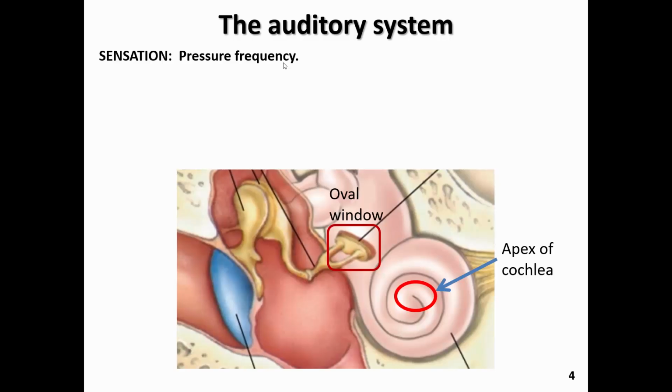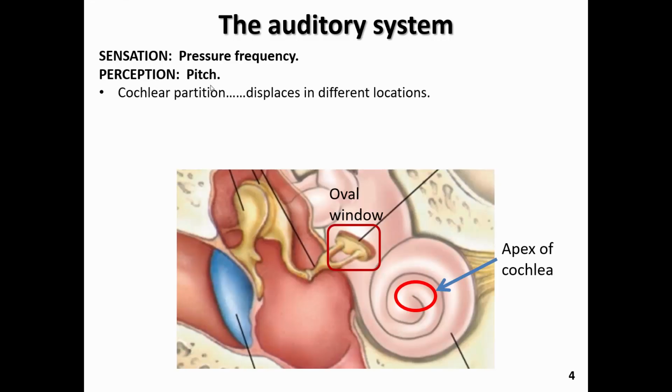But can we consciously perceive different frequencies? The answer to that is yes, we can. And we perceive that not as loudness, but as pitch. So the cochlear partition will displace in the way that was explained on slide number 3, but it will displace differently in different locations in order to provide a differential perception of the frequencies regarded as pitch.